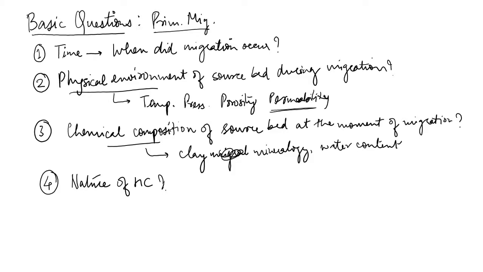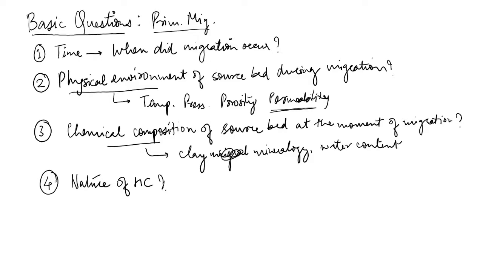And what was the nature of the hydrocarbon, because oil and gas are two different hydrocarbons with different densities, so their specific gravities are different, and they will behave differently once the migration is going on.